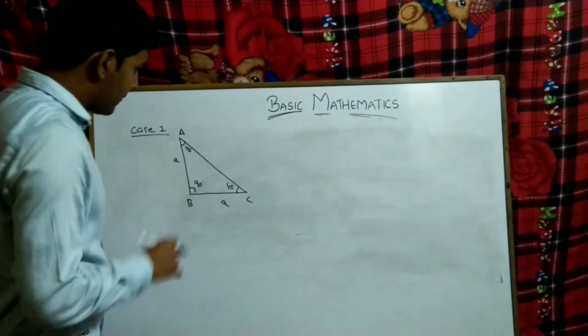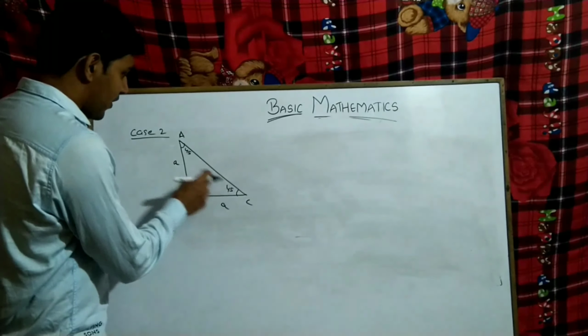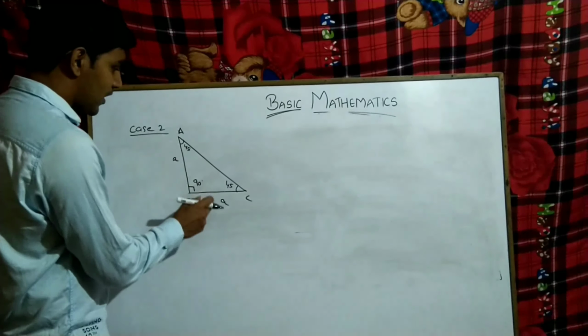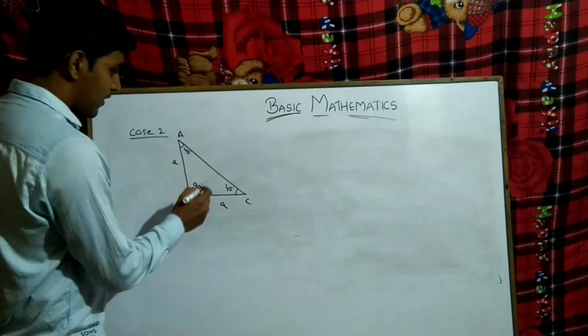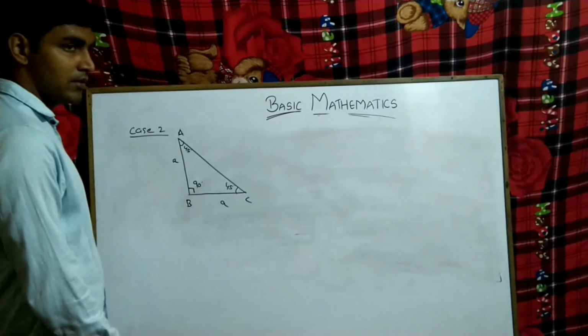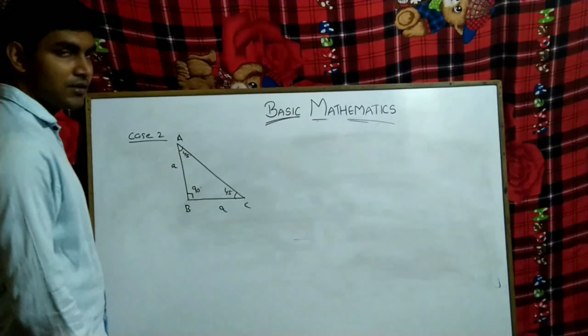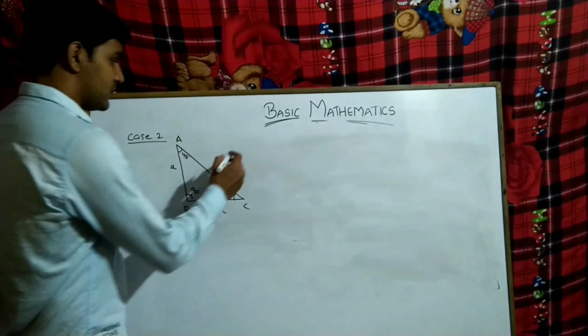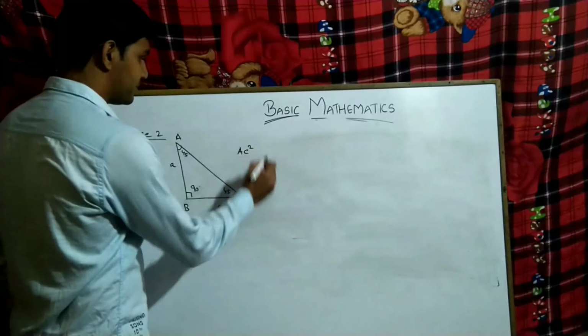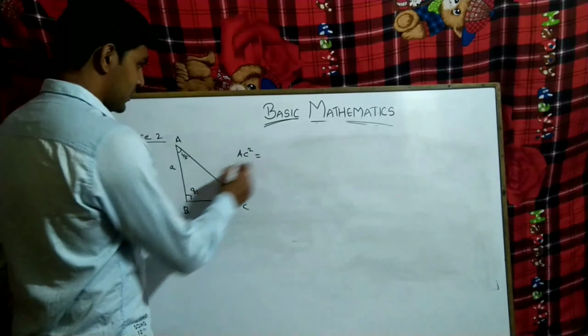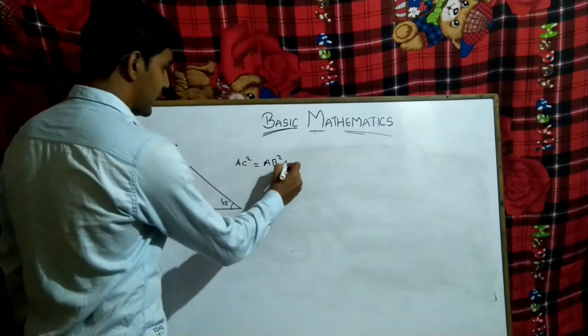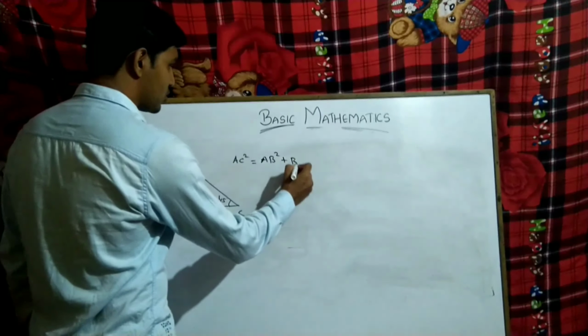Okay, so we know the 45 degree opposite is A. But we don't know 90 opposite. So here use Pythagoras theorem. Simple. Just AC square is equal to AB square plus BC square.